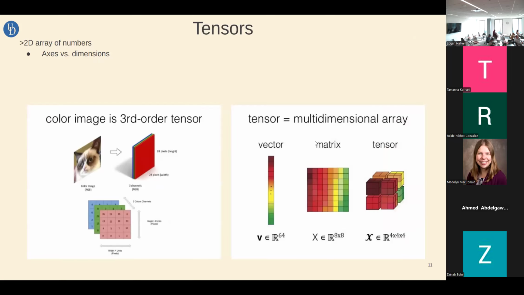And then I just want to touch on tensors. Tensor is a word that's thrown around a lot in machine learning, but really it just refers to any array of numbers that has more than two dimensions, though I prefer to use the nomenclature axes.